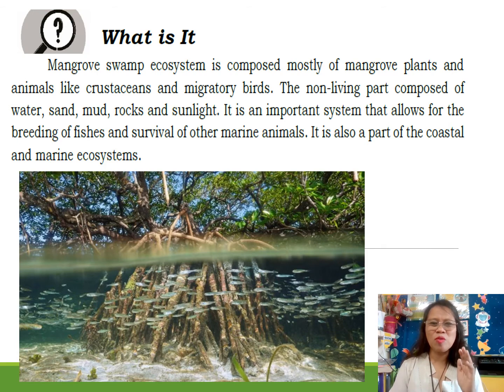No, the roots of the mangroves, the mangroves itself serve as their breeding ground. Nga na sila mangitlog. Then ang katong mga itlog, mahimo sila mga fingerlings. And then later on, mahimo sila dagko nga mga isda. So mangrove swamps are great sources also of marine foods.